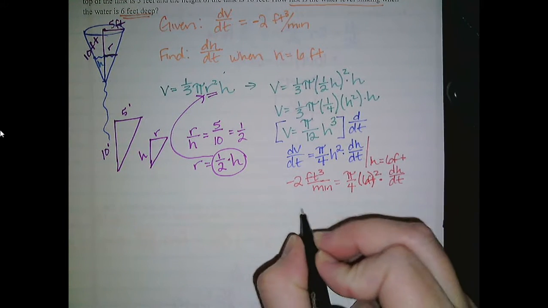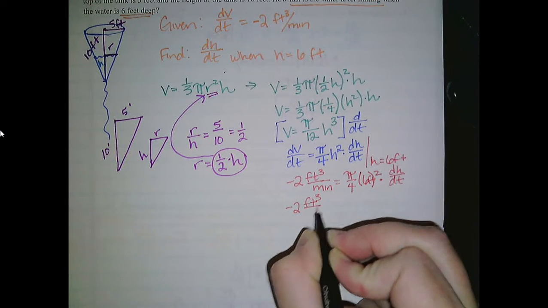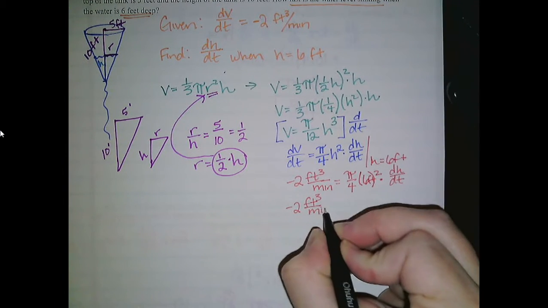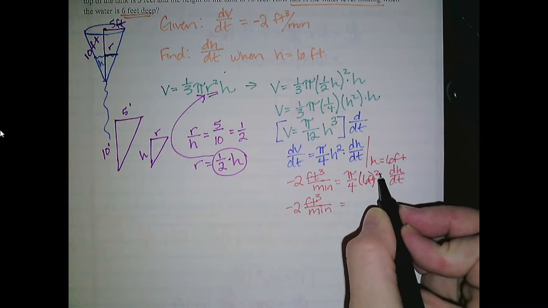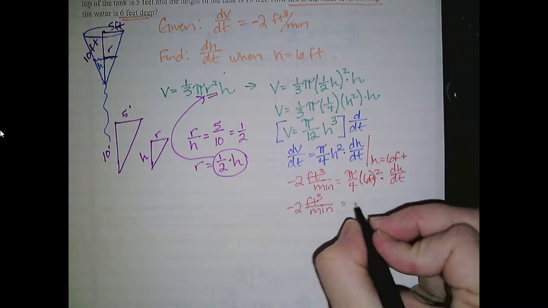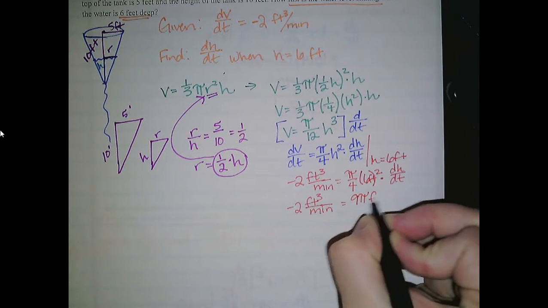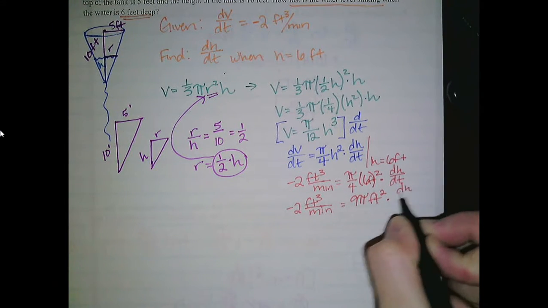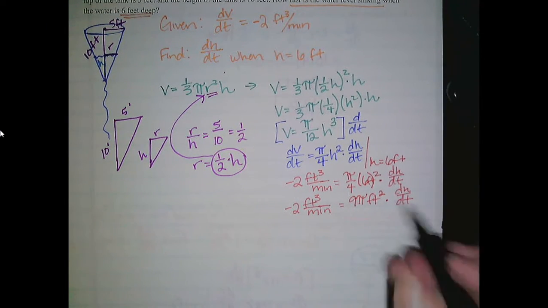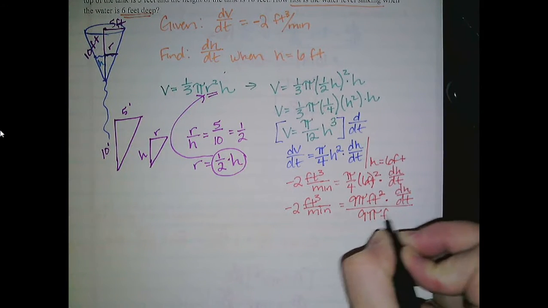So then I have -2 cubic feet per minute is equal to, let's see, 6 squared would be 36, divided by 4 would be 9, and 9 times pi, and I've got feet squared, times dh dt. So I'm going to divide everything by 9 pi square feet.